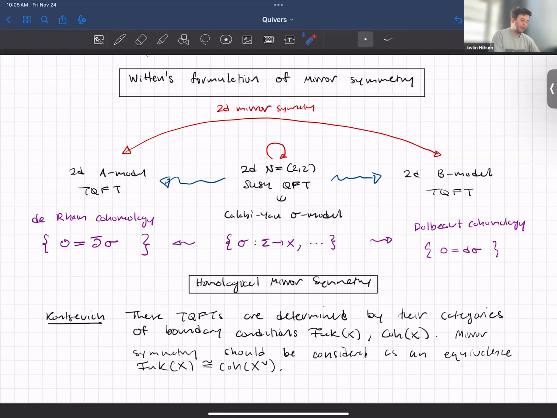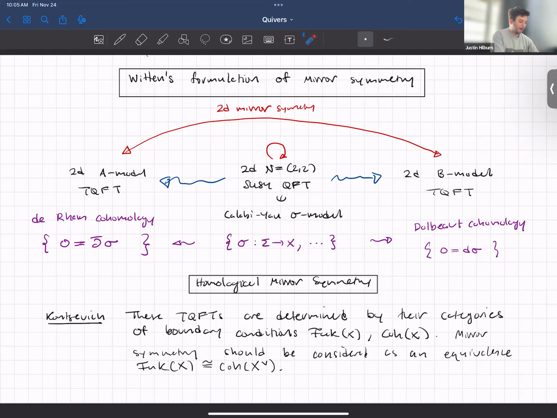The thing that you'd like to do is find some mathematical object that summarizes all of the data in these topological quantum field theories. And what Kontsevich figured out is that these topological quantum field theories are completely determined by their categories of boundary conditions. The first one, for the A model, is the Fukaya category.